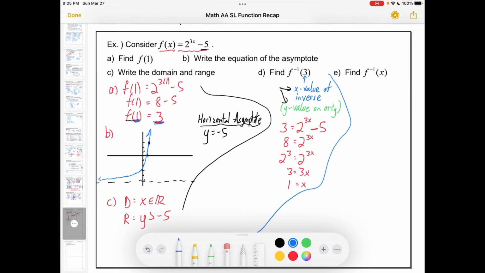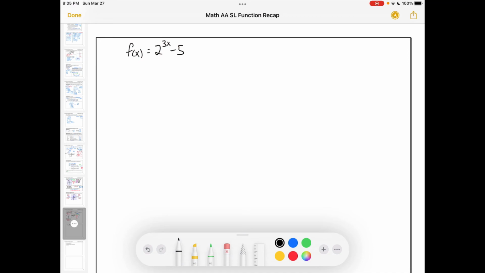The last question says, find f inverse of x. So I'm going to give myself a little extra room here. The original function is f of x equals 2 to the 3x minus 5. f of x just means y, so that means y equals 2 to the 3x minus 5. If we want to find the inverse, we switch x and y.